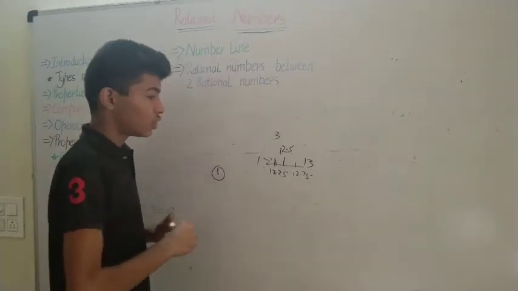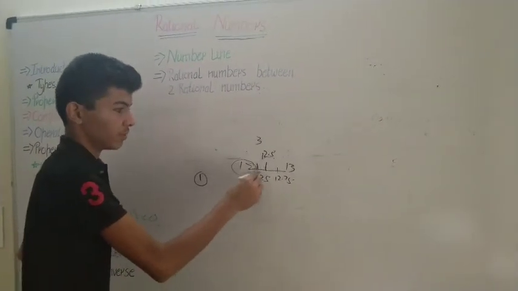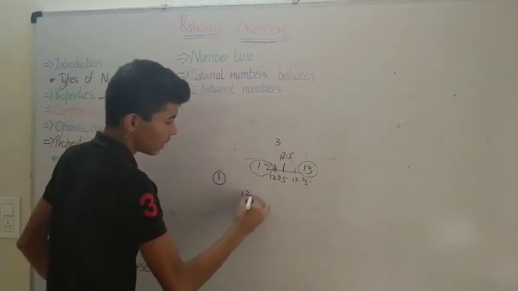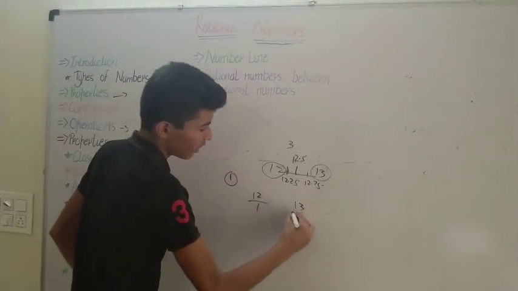Sometimes the easiest shortcut approach is to convert both numbers into fractions. So we get 12 as 12 by 1 and 13 by 1.